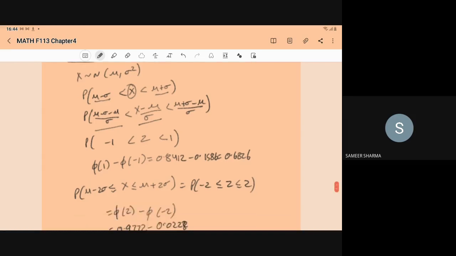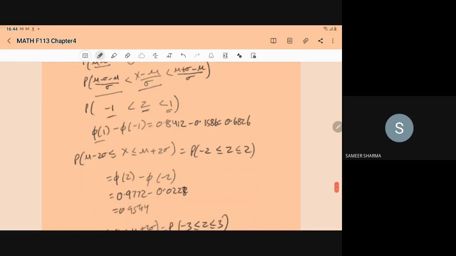So it gives the probability of Z lying between -1 and 1. That is phi of 1 minus phi of -1. The table value is 0.8413 minus 0.1587, so it is 0.6826.